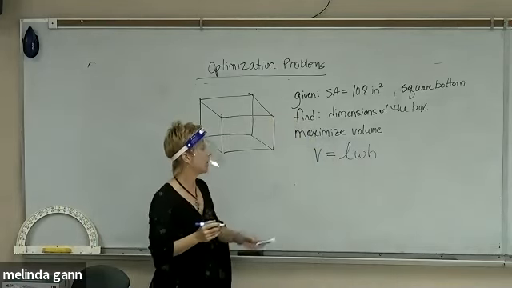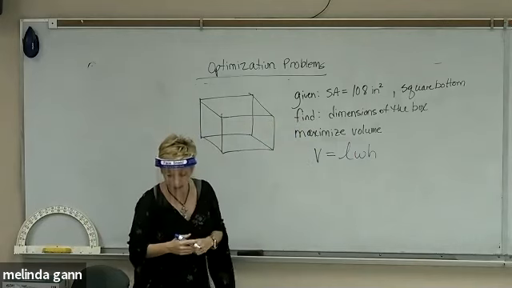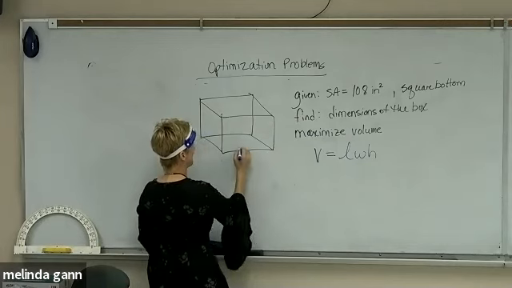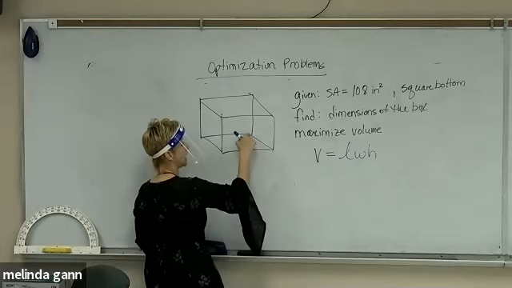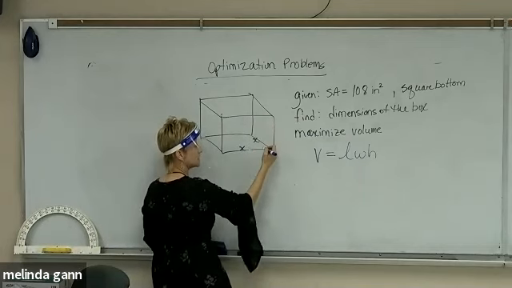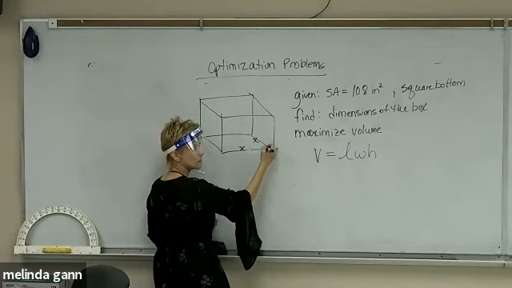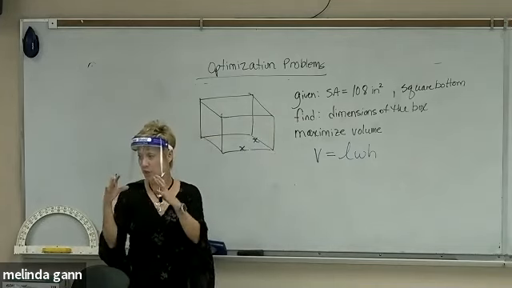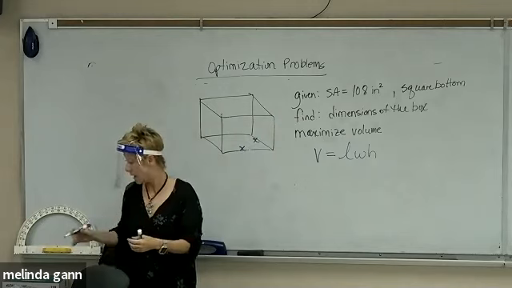Now, then I noticed, oh my goodness, what kind of shape is the bottom of the box? Square. So if this is X, what's that length going to be? X. And then is that going to be X? No, right? We don't know. In other words, it didn't say it was a cube. It just said that the bottom was a what?